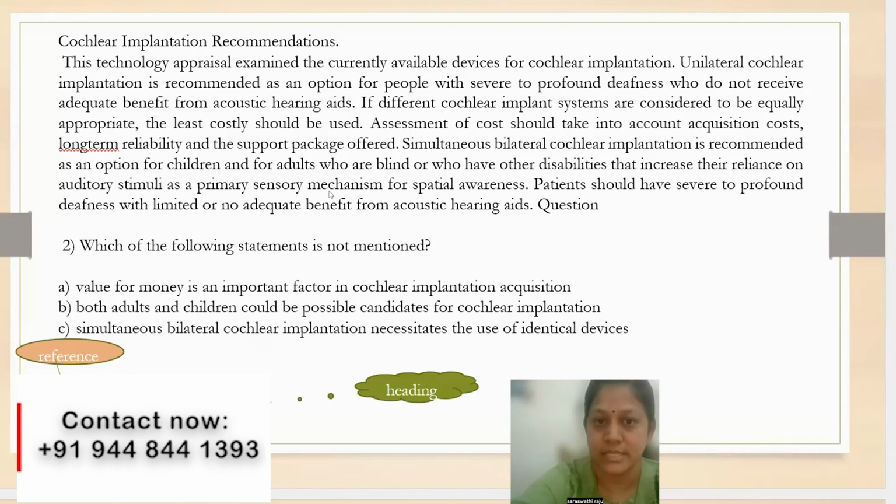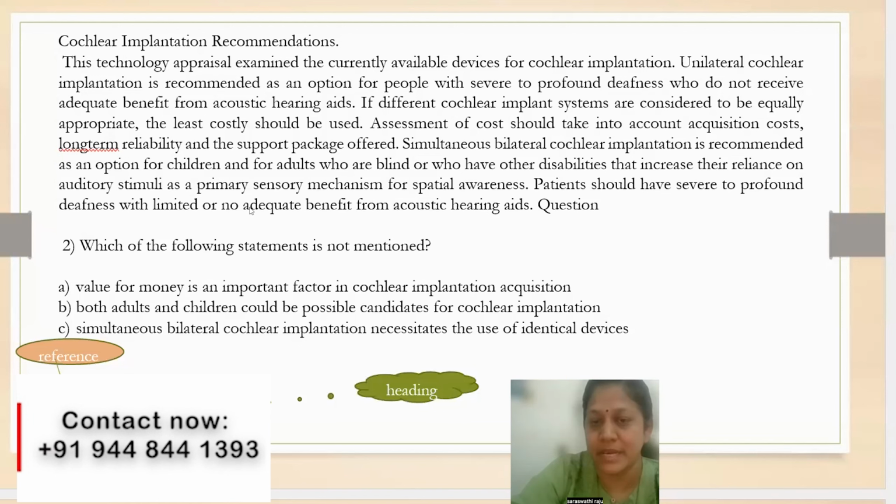You can see that assessment of cost should take into account acquisition cost. Okay, it's written, right? Yes. Value for money is an important factor in cochlear implantation acquisition, so A is given. Next, both adults and children, also it's given.